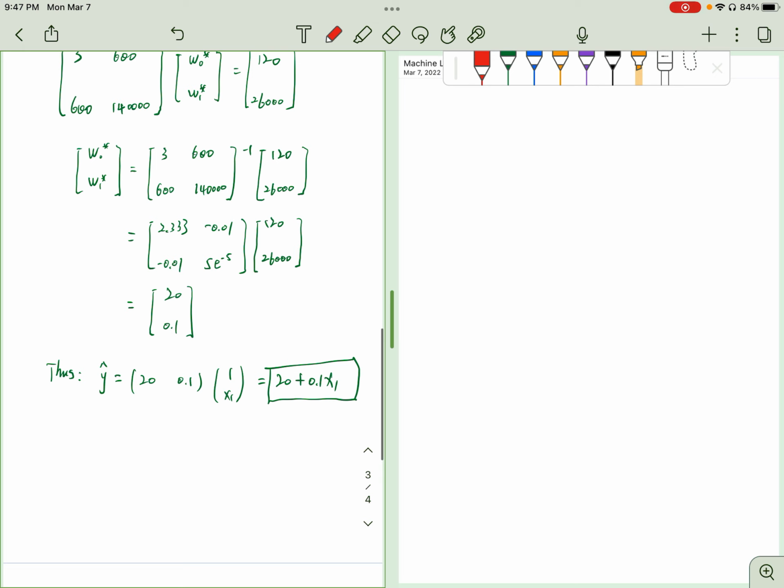Sometimes you may see a notation like this. Omega star is the optimal weights we want to find. You may see the notation arg min over omega of RSS(omega). Here arg means argument, and min means minimum.